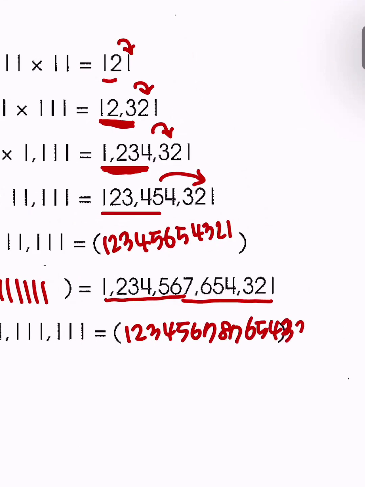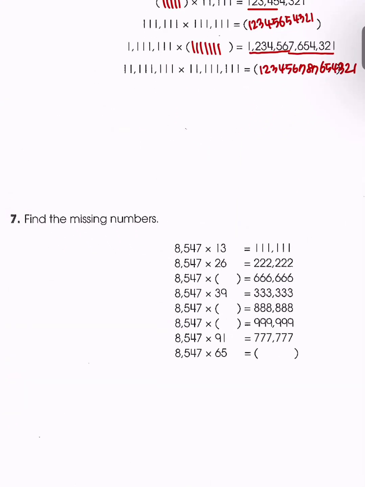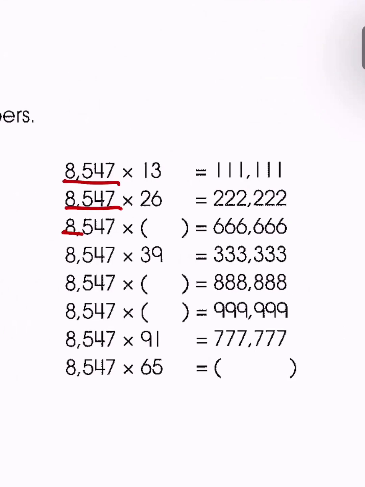Now we're going to look at problem 7, and so in problem 7, we have 8, 5, 4, 7 in the beginning. Then we have 13, 26, so we're adding by 13.